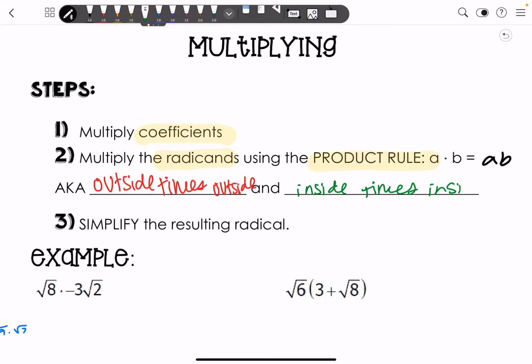This is what we wrote on our notes the first time, because technically multiplying, yes, it's an operation, but it's something you already know how to do. Now, in the ones we've been working with, they're simpler types of problems. This part puts both steps together, which is why I keep repeating outside times outside and inside times inside.